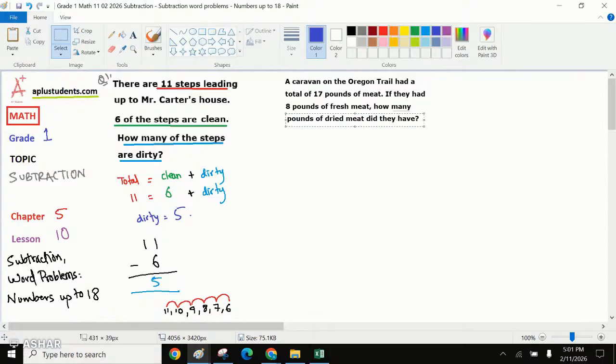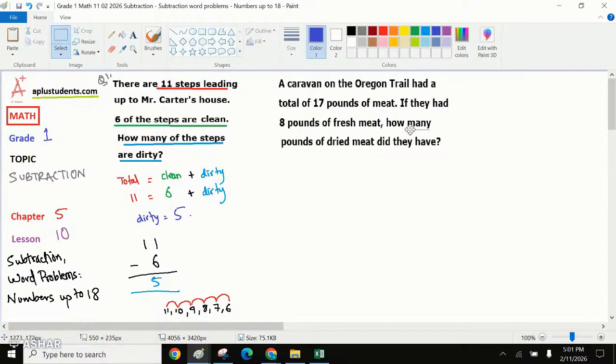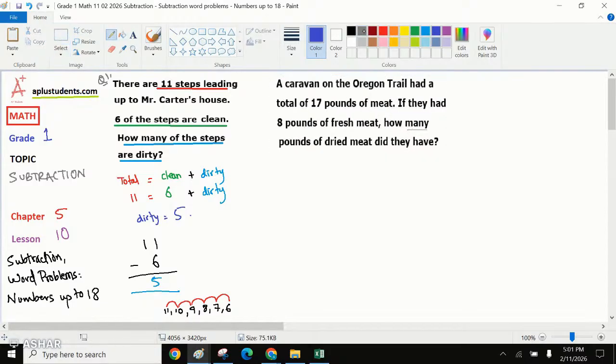So the question is saying that on a trail, they had a total of 17 pounds of meat. Agreed? 17 pounds of meat. If they had 8 pounds of fresh meat, how many pounds are there of the dried meat? Right?